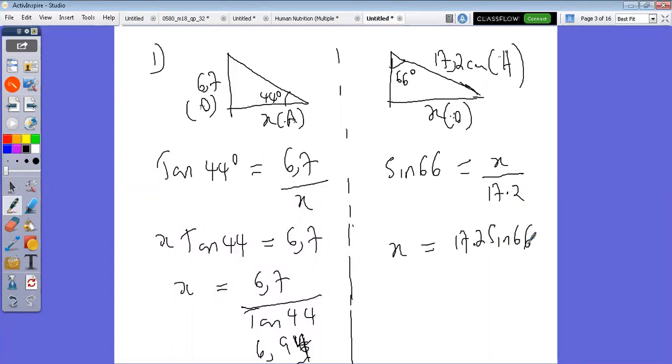And what do you get from your calculator? 15.7. Yes, sir. Okay.